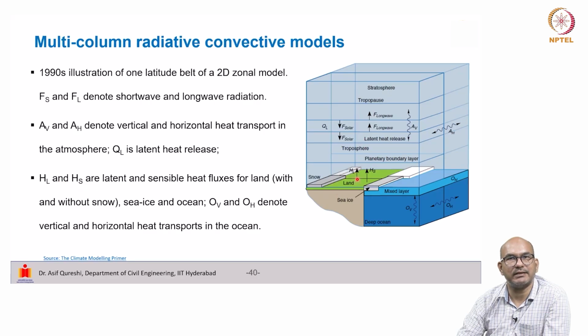So, these are the latent heat fluxes of our land with and without snow, sensible heat fluxes for land with and without snow, and then sea ice and the ocean. Now, within the ocean itself, we have horizontal heat transport OH and the vertical heat transport OV. So, this is our description of the environment.